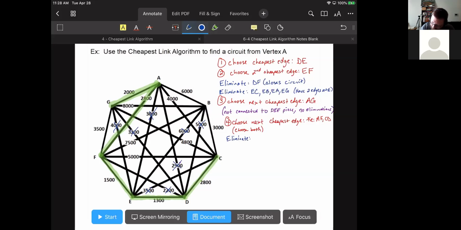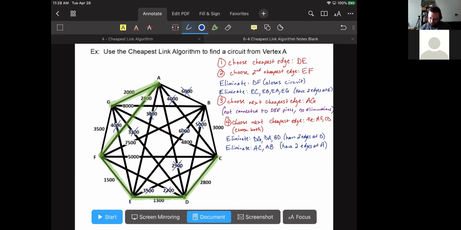It would eliminate the 3,200 from D to G, the 2,900 from D to A, and the 5,000 from D to B. Same thing at A. We already have two edges from A, so we would also eliminate AC and AB, the 4,000 and the 6,000.